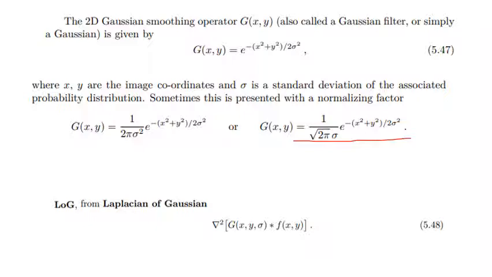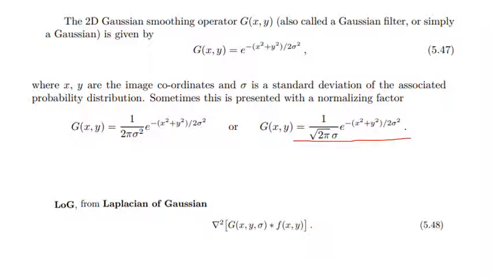Before that, we should understand that the standard deviation sigma is proportional to the size of the neighborhood. Sigma is the standard deviation, and this deviation depends on the size of the neighborhood. Usually a neighborhood is 3 cross 3 or 5 cross 5, usually odd numbers, correct?